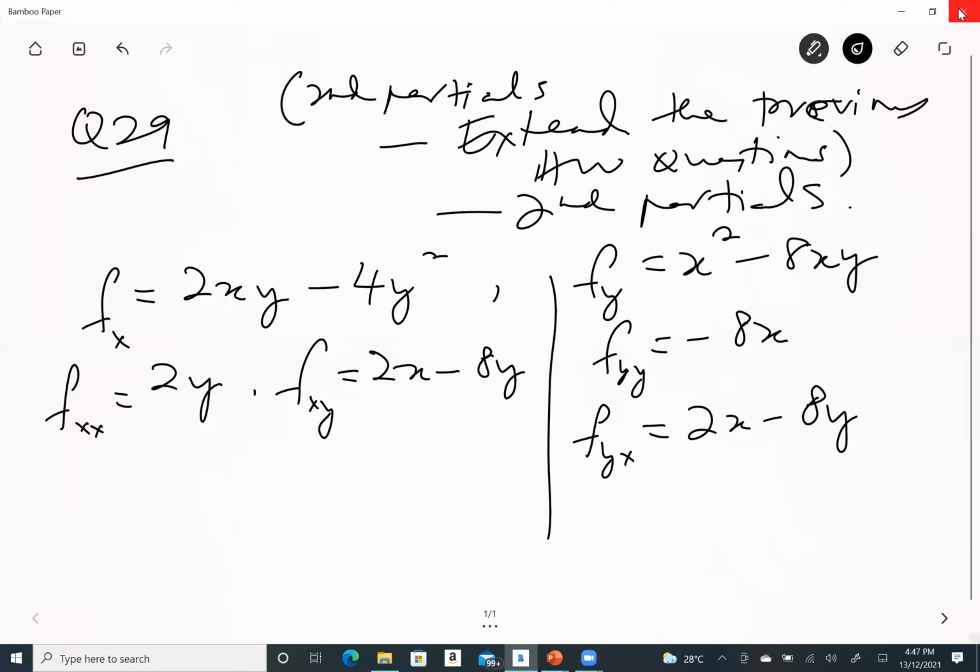Okay, everybody got it? If you got it wrong, check where you went wrong and make the correction. Now, if you look at these answers, the second partial, there is one consistent pattern that you see. We have done two examples already.